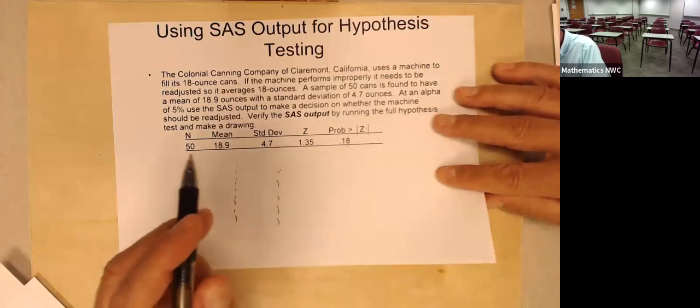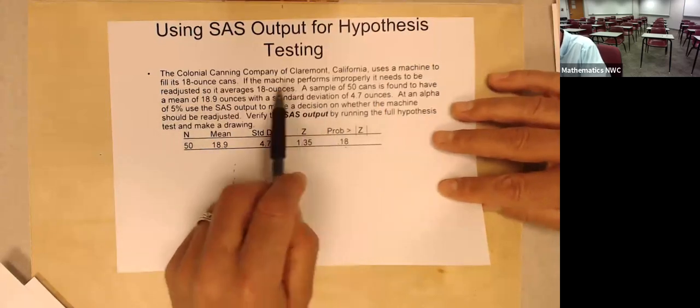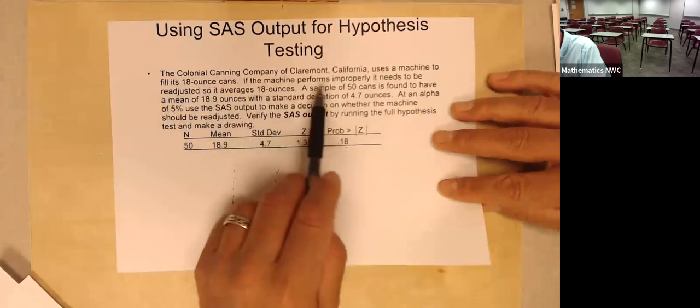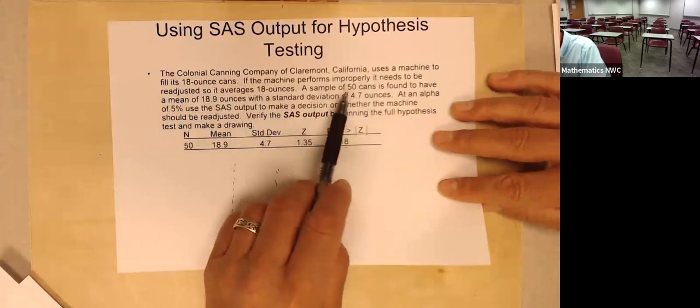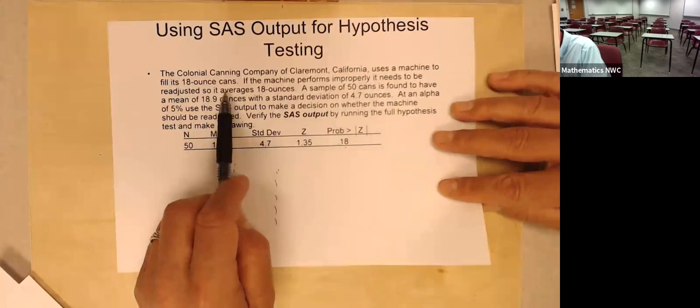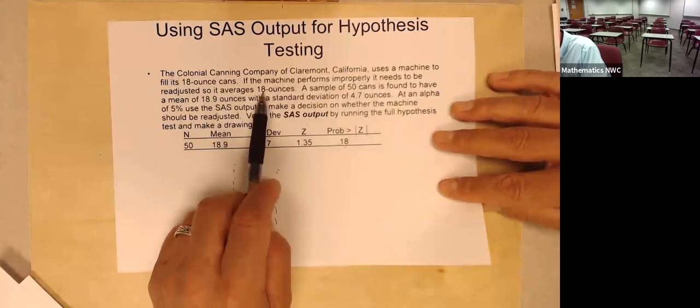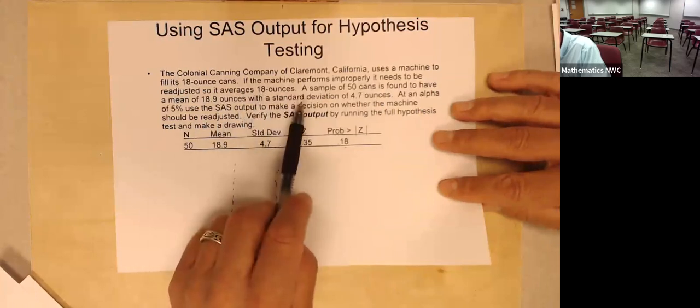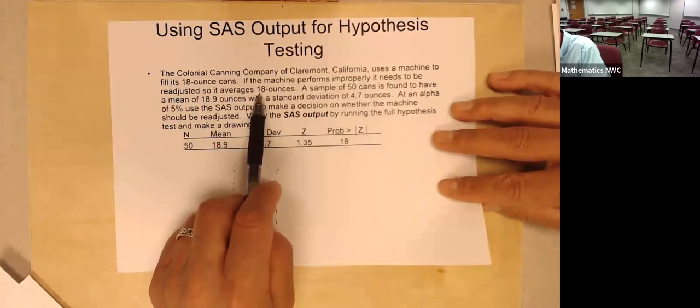Let's just make sure we know what that null would have been here. Let's go back through here. It needs to average 18. That is screaming at me two-tailed test.